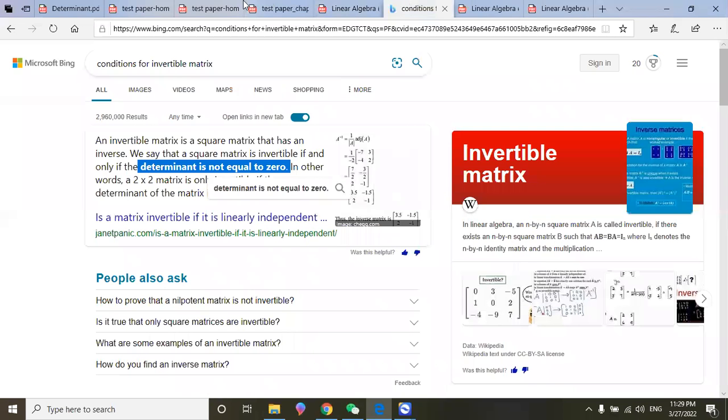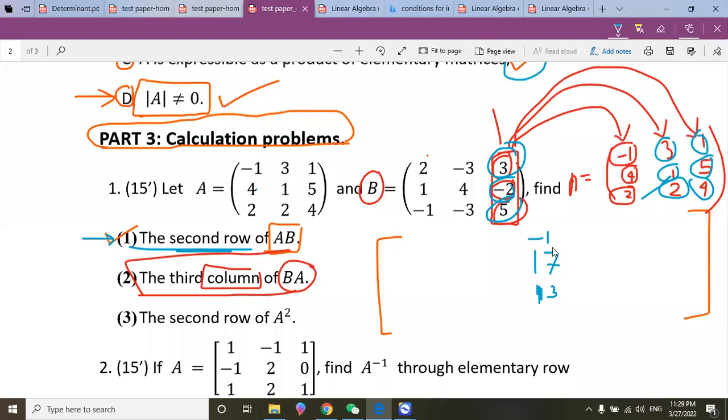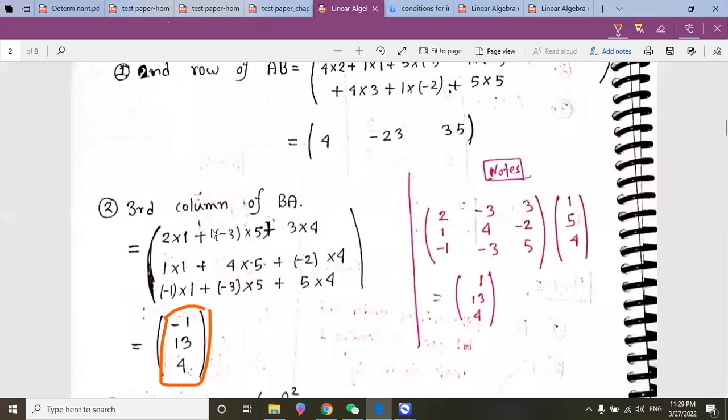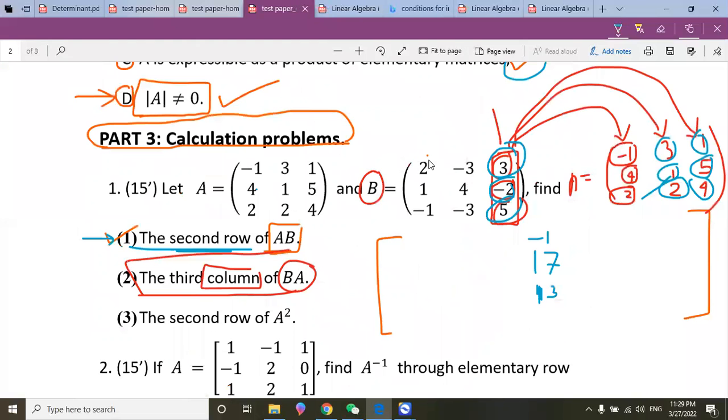Oh, I again made a mistake. Minus 1, 13, 4. Two multiply 1, minus 3 multiply 5. Two multiply 1, okay.